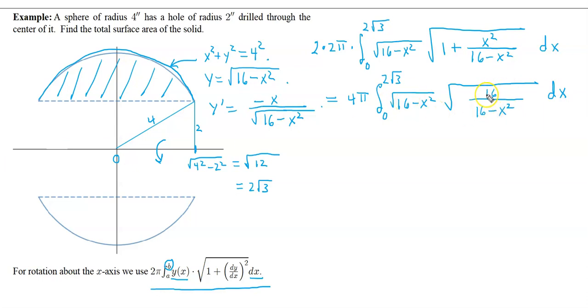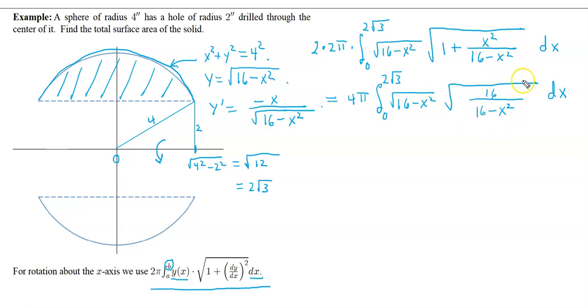Now, we obtained the 16 over 16 minus x squared just by simplifying what's underneath the square root here. Once again, you could cross multiply to get this, or find a common denominator here. Rewrite the 1 as 16 minus x squared divided by 16 minus x squared, and you'll get this.